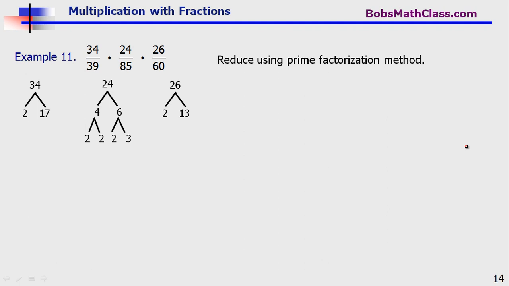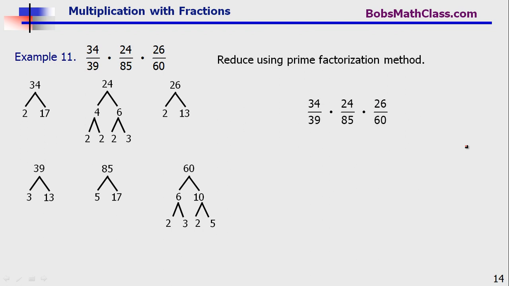Now the denominators. 39 is 3 times 13. 85, let's see, 5 goes into that one, 17. 60 is 6 times 10, and then we'd factor the 6 and 10. Okay, you might want to pause, probably going too fast right there.